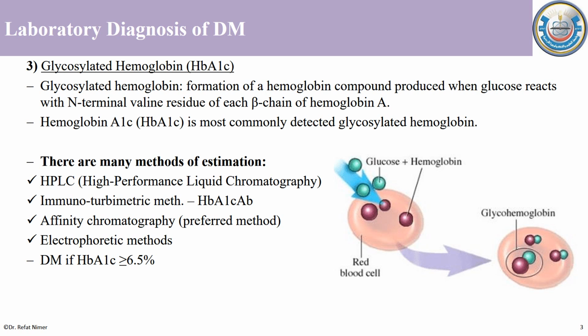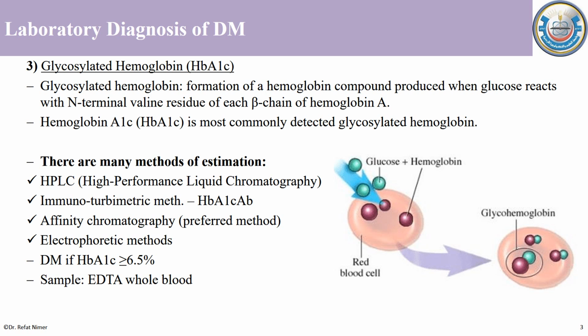Now, if the patient's hemoglobin A1C is equal to or more than 6.5%, then this is a confirmatory result that this patient is diabetic. Keep in mind that the sample for measurement is EDTA whole blood.